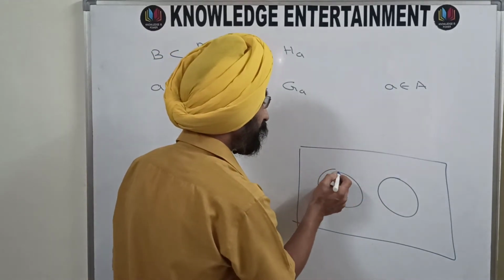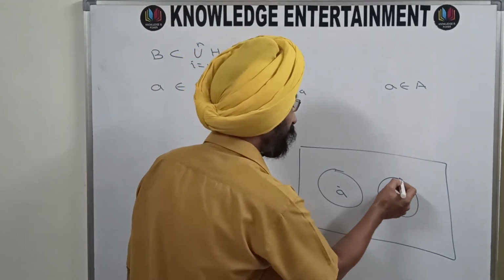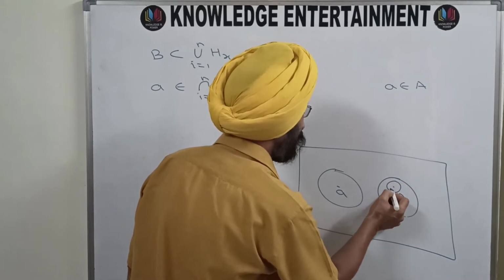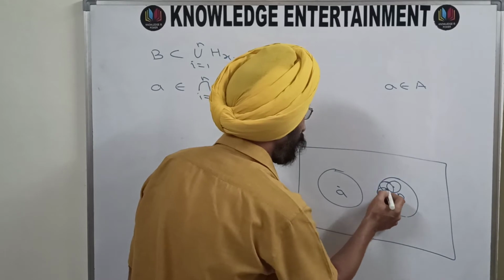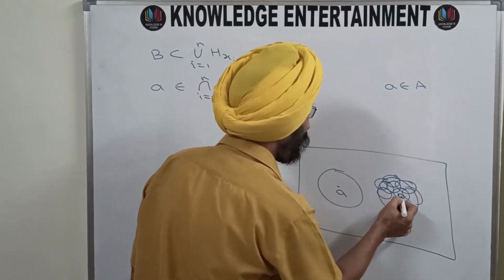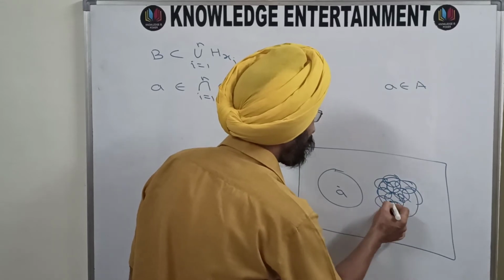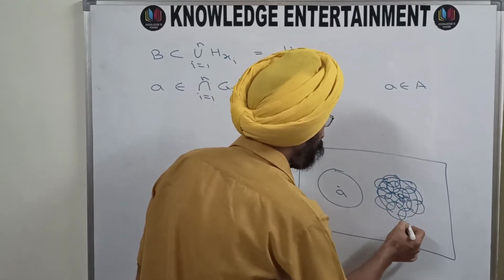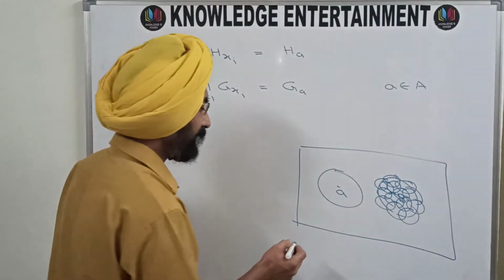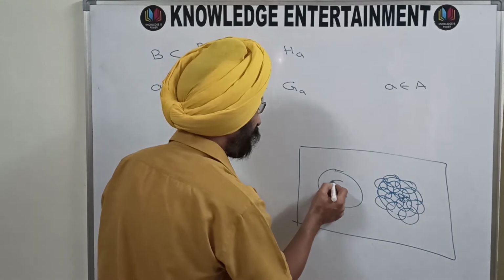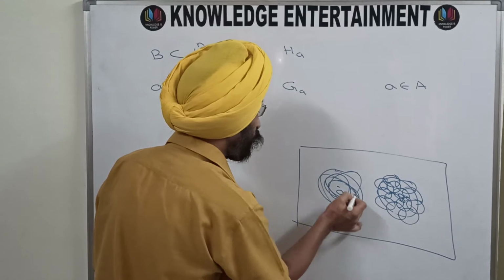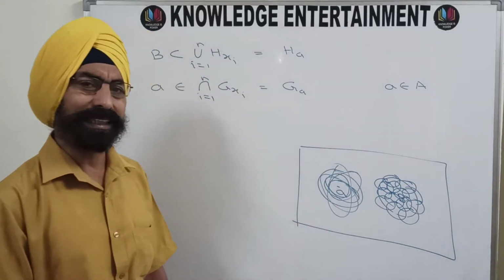You will change the point x here. This is your B. For some points you are having HX1, HX2, HX3, HX4, HX5. Your HXs are here, but your corresponding GXs are here. Each one is containing a.